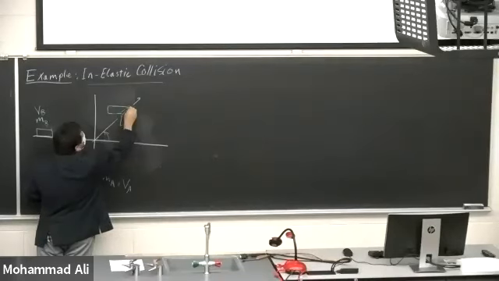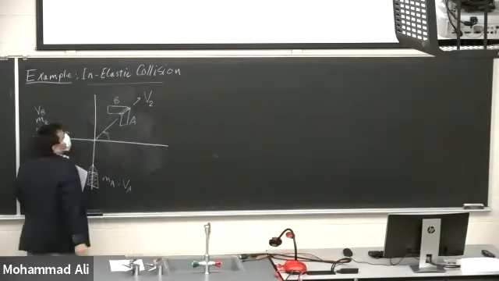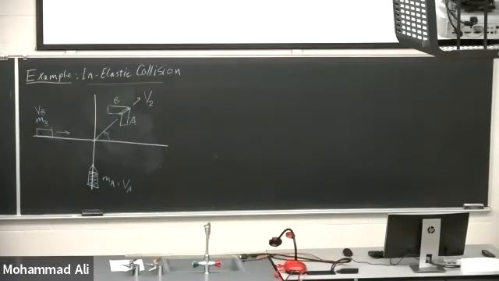Both of them become just one object. This is the object A and this is the object B, and they both have velocity v2.